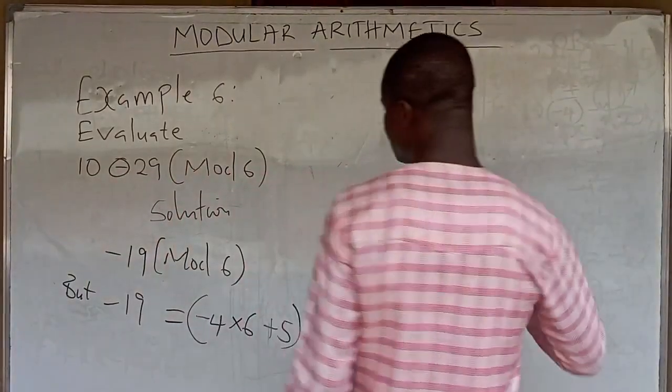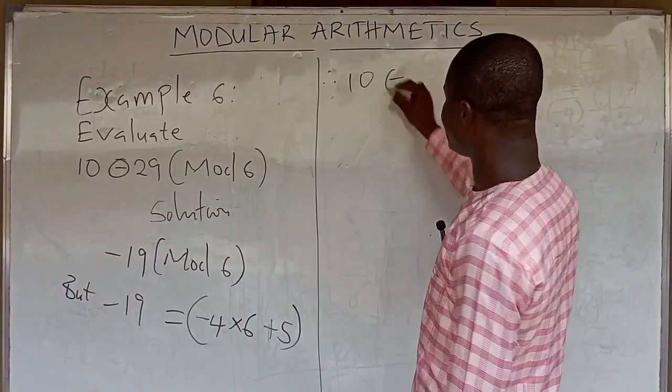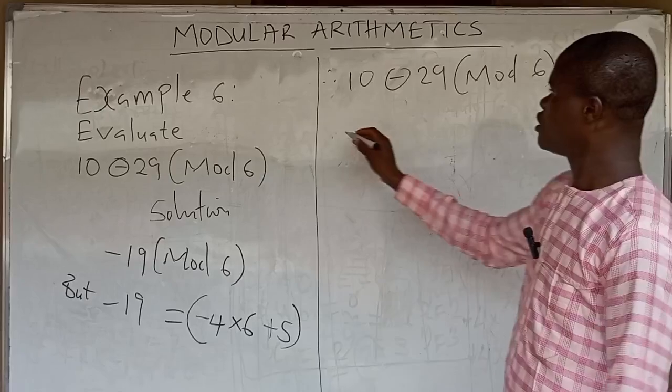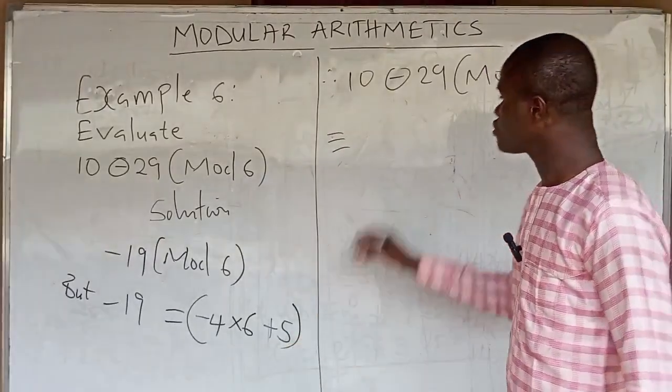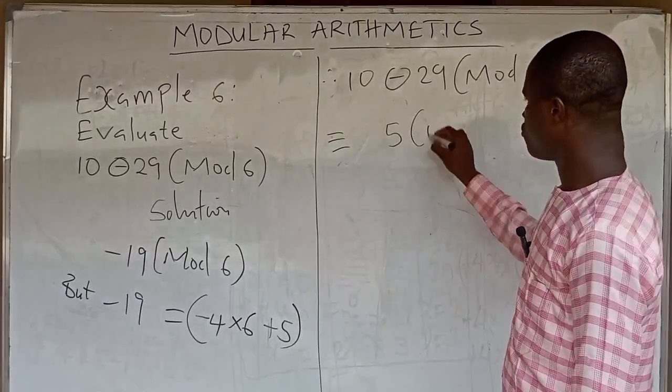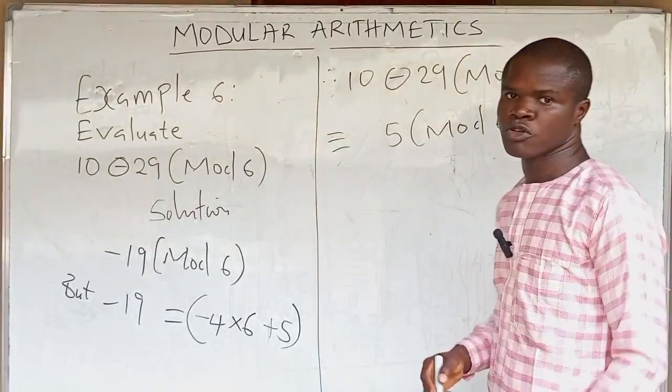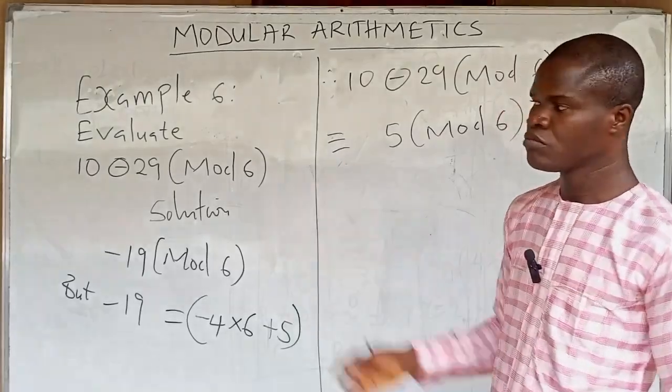So therefore, our answer becomes: 10 minus 29 in modulo 6 is equivalent to 5 modulo 6. So this becomes our answer in modulo 6.